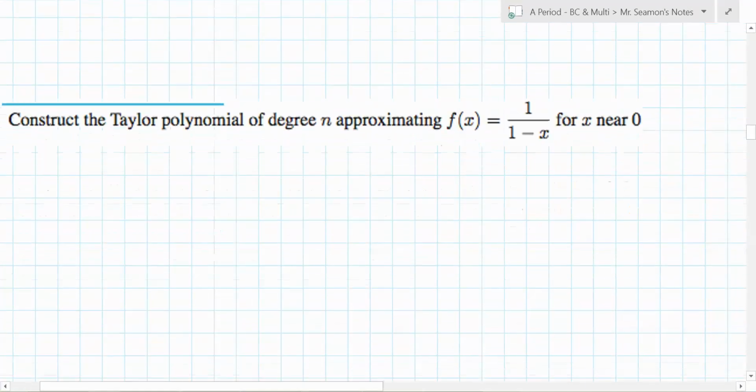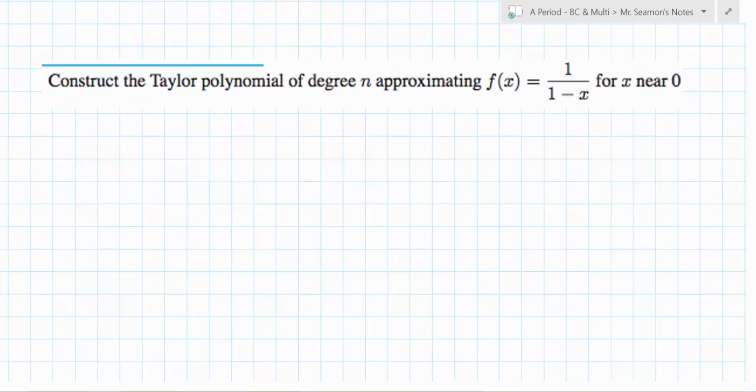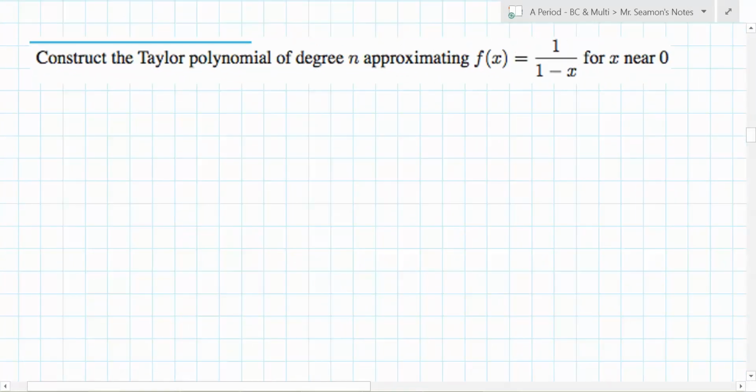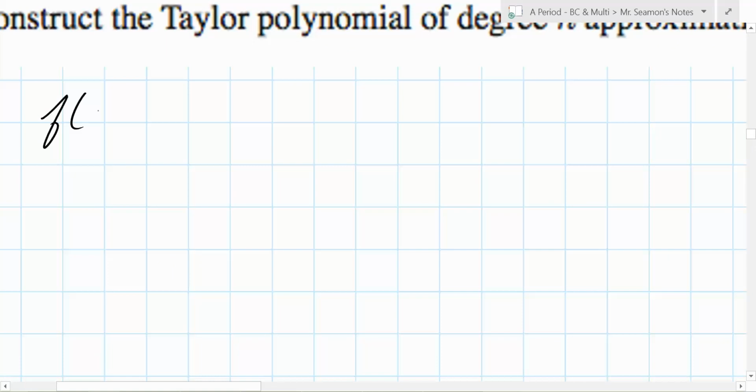So let's say we wanted to construct a Taylor polynomial for this one. 1 over 1 minus x. Hey, we're around 0 even. Is that nice? It is. Again, what's that first thing you need to do when you're constructing a Taylor polynomial? Find the thingies. I like that. Find the thingies. f of x is 1 over, is it 1 plus?